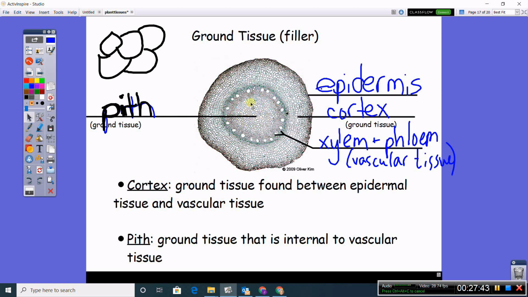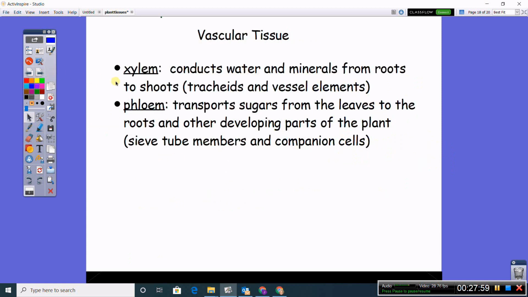Okay, the pith is what's at the center. So we had epidermal tissue, which was a covering tissue. We have ground tissue, which is basically kind of like a filler. And then we have vascular tissue. Now, I know you've heard these terms before. You're going to hear about them here and there throughout this unit, just to get you more familiar with them. So this is vascular tissue.